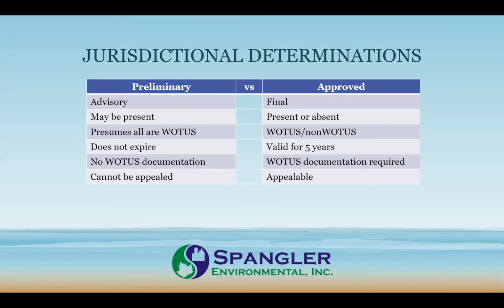Preliminary JD cannot be appealed. A preliminary JD can move forward and progress or evolve into an approved JD if the applicant so desires, but a preliminary JD in and of itself cannot be appealed, whereas an approved JD can be appealed.